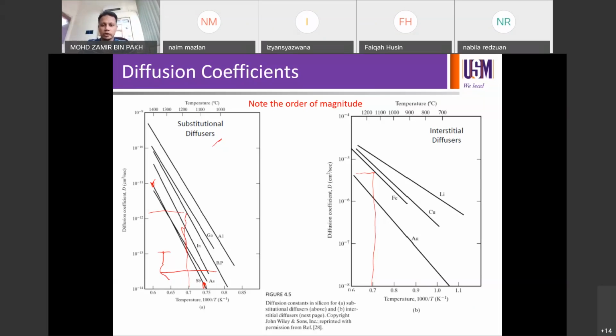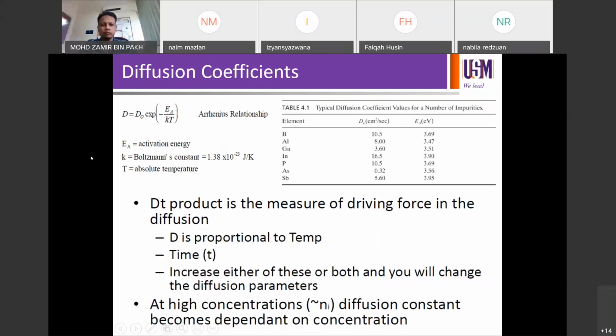So it's worth noting that the diffusivity of the unwanted metals or the interstitial diffusers are way higher than the typical dopants. So the diffusion coefficient: D is equal to D naught exponential negative activation energy over kT. This is called the Arrhenius relationship.